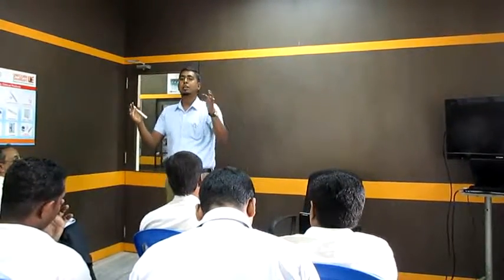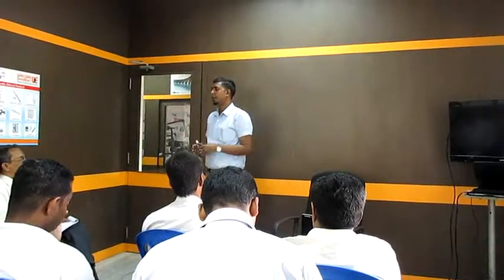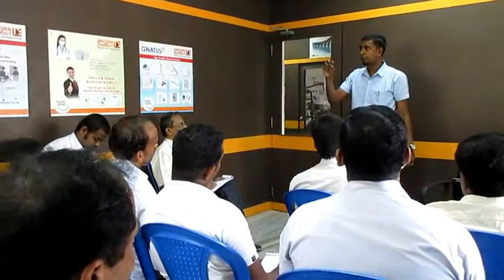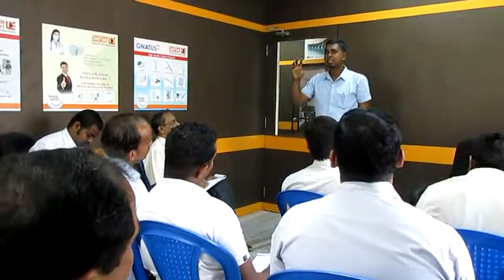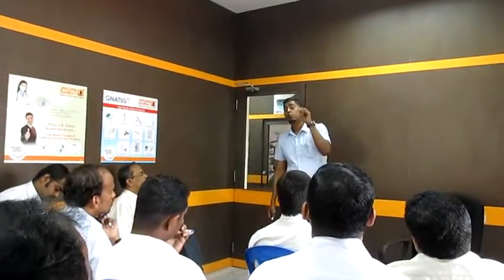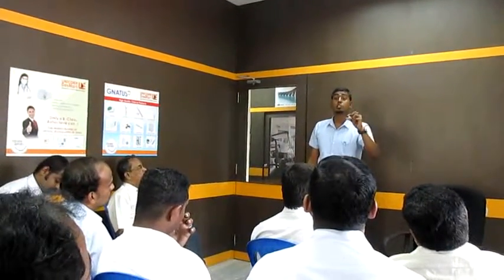Okay. Now, there is a contradiction in the size of the focal spot. A smaller focal spot is actually good because the sharpness is high in a smaller focal spot, and in a bigger one the sharpness is less. We need a sharp image, right? But we cannot keep small focal spots. Why? Because it heats up soon, and because of the heating up of the focal spot, it can melt.